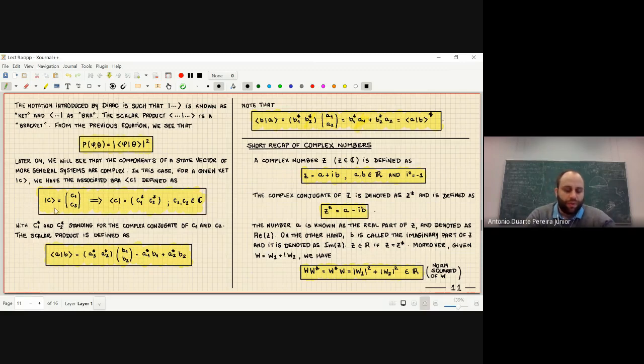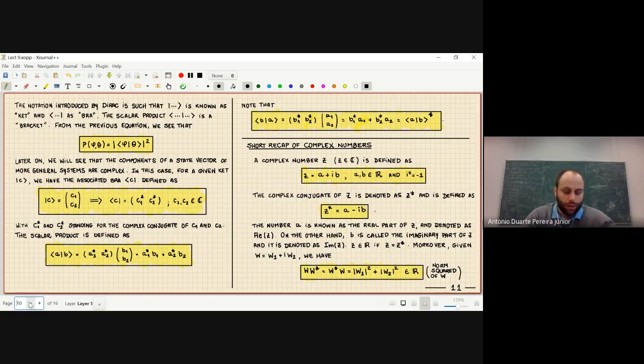So if you define a state vector C, and the entries are C1 and C2, and these are complex numbers, then when you define the bra associated with this ket, let me remind you that if you have a ket, you can obtain the bra in the real case just by taking the transpose of this vector. This will give you a row vector with entries C1 and C2.